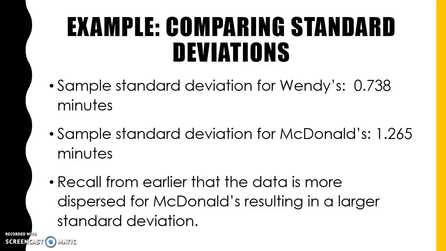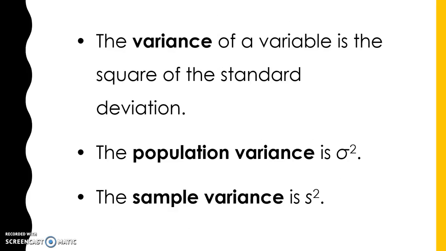The larger the range, the more dispersed the data is. The larger the standard deviation, the more dispersed the data is. That simply means our data is more spread out. The data values are further away from the mean.